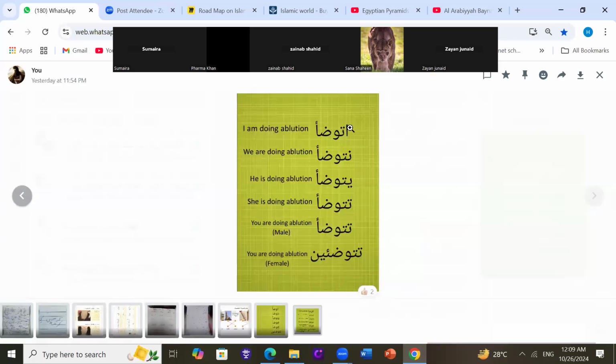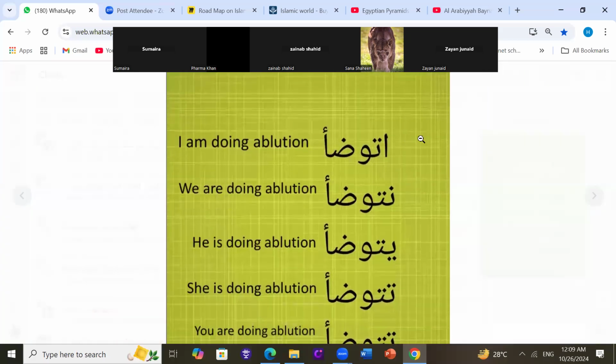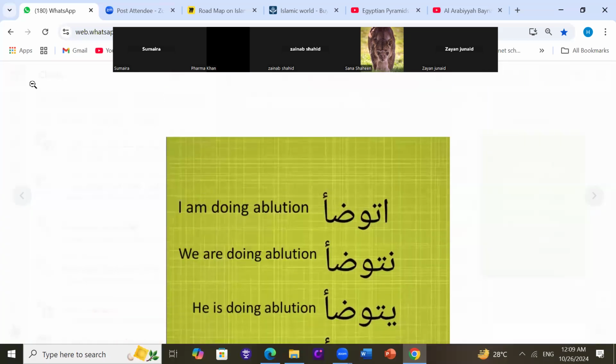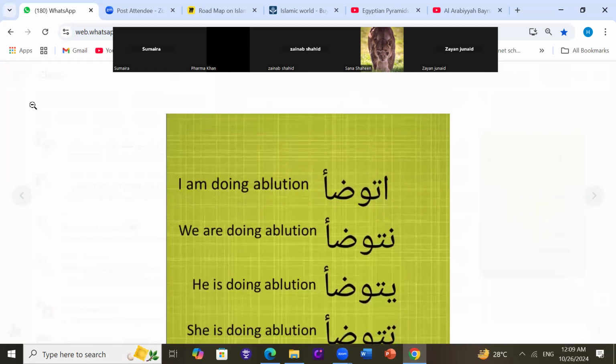Like this picture, we can say atawaddau. If I add seen here, sa atawaddau means I'm gonna do the ablution. I'm mentioning that very soon I'm going to do this.